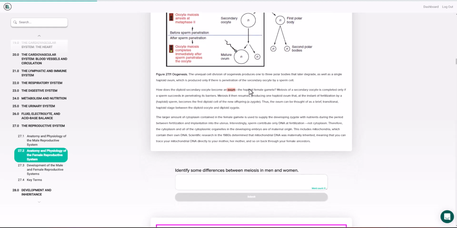Another interesting thing, in addition to the nutrients that are necessary to maintain the embryo until implantation and beyond, is that sperm only contribute DNA. Sperm do not contribute any cytoplasm.